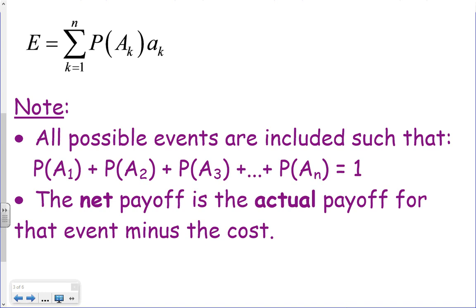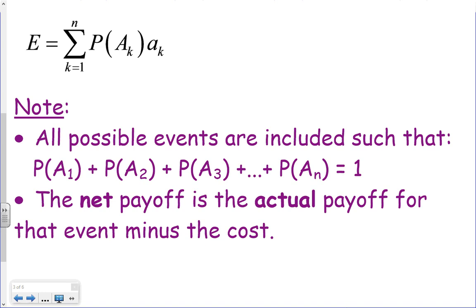I like doing this as a net payoff, so I've included both the payoff for that particular event minus the cost, and that's my net payoff. The book is going to use that same notation or same formula as well, so I think it's easiest if we stick to the way the book is going to do it.